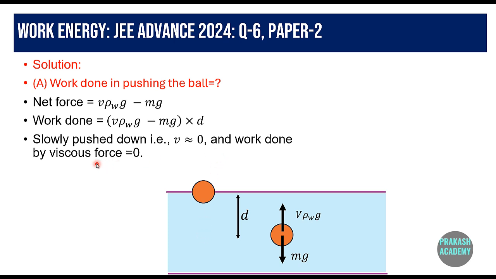So there will be no viscous force because viscous force depends upon the velocity. Viscous force is equal to 6 pi eta r v, but v is 0 because this ball was slowly pushed. So work done by viscous force is 0, or you can say there is no viscous force acting because the process is very slow.